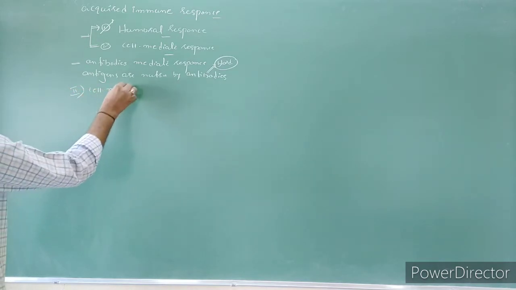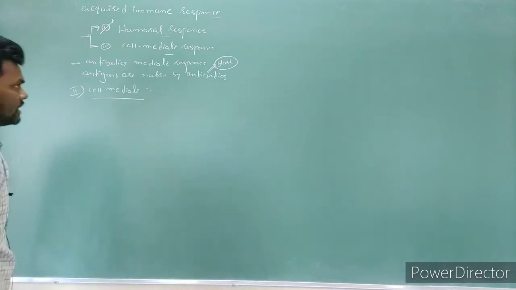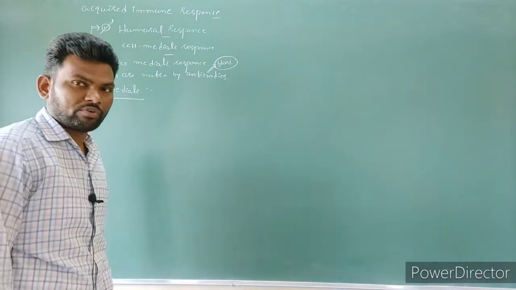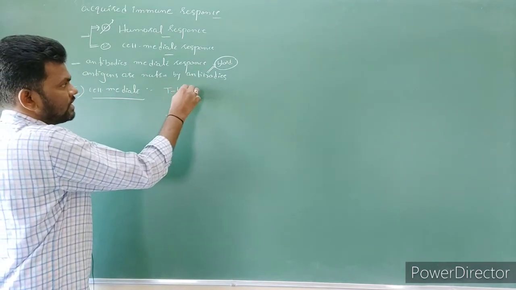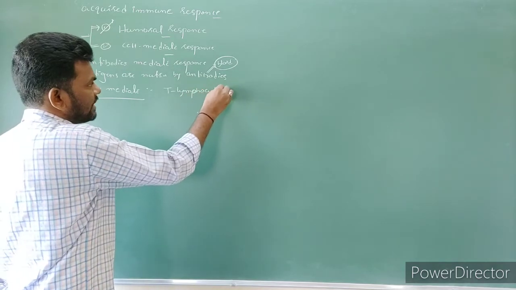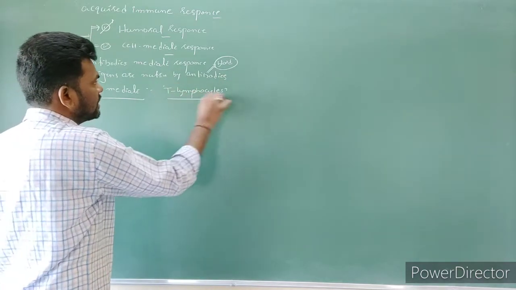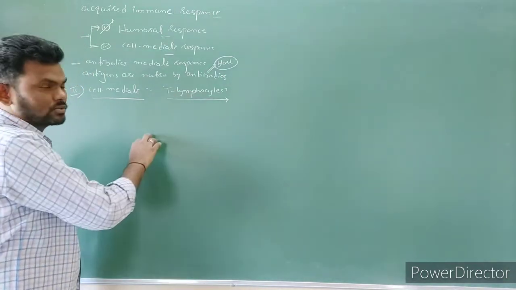The second type of response is cell mediated, which is very important. In this case antibodies are not involved. T lymphocyte cells are involved. What is the difference between these two?